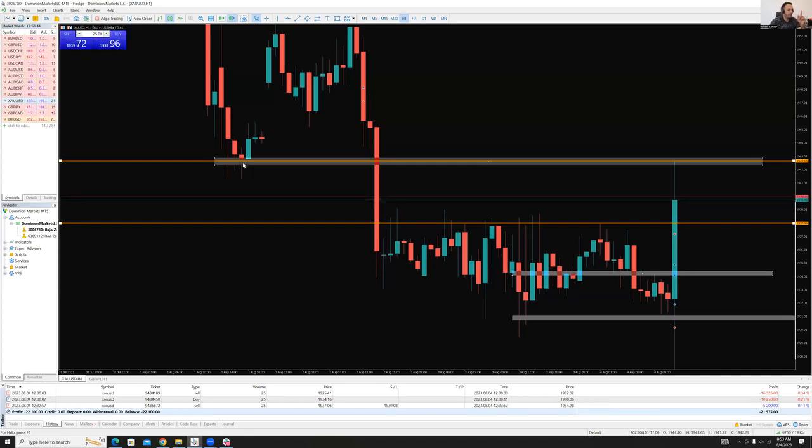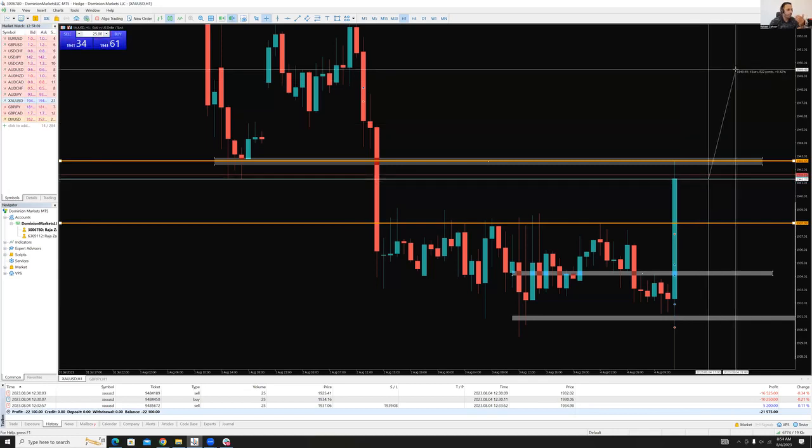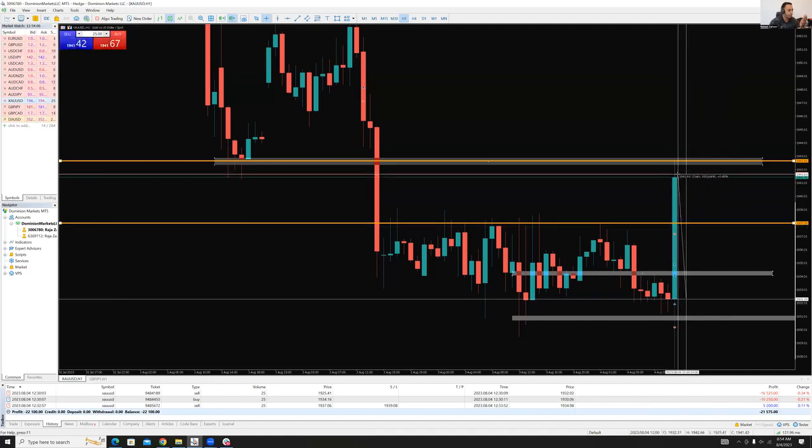Which means that if there was a rejection, then there's a possibility we may reject from this area. Now, just on this example, if a candle is moving up and let's say the candle closes right at 1941, then we can't expect the next candle to continue pushing up. The reason is that this candle has already moved 93 pips.